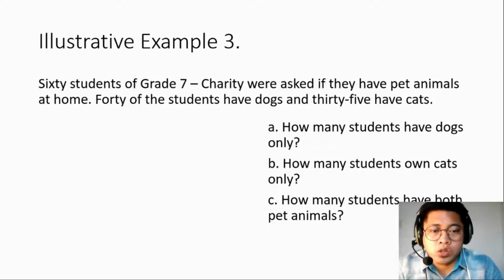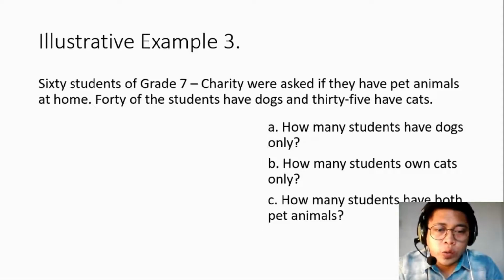Here are the questions. Letter A. How many students have dogs only? Letter B. How many students own cats only? Letter C. How many students have both pet animals?